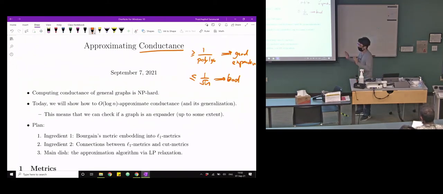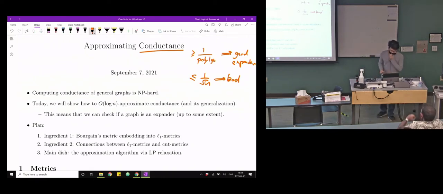But in general graphs, it's NP-hard. So today I will tell you how to approximate conductance within a log n factor, which means that you know to some extent how expanding a graph is, whether the graph is a good expander or not.